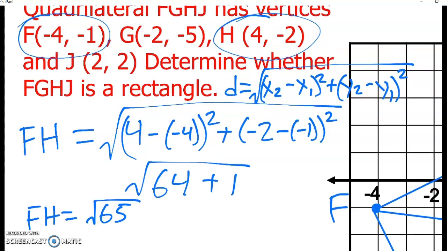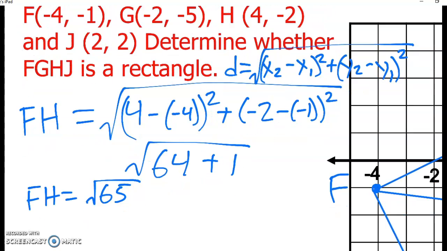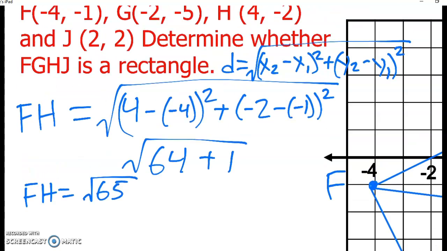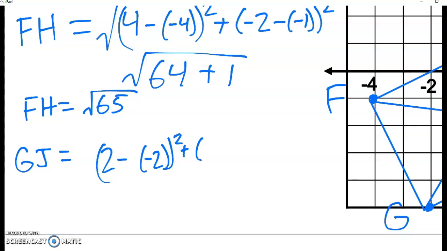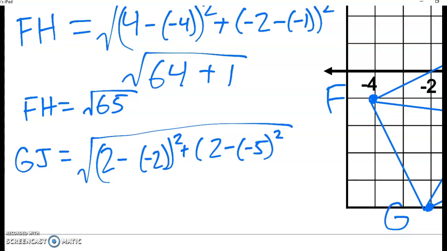Next I'm going to find the distance between GJ. To do that, we would go X2 minus X1 squared plus Y2 minus Y1 squared. 2 minus negative 2 will give us 4. 4 squared is 16.